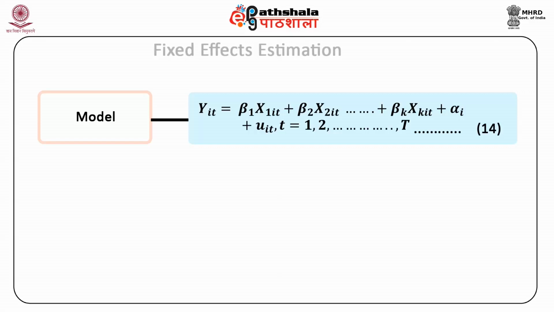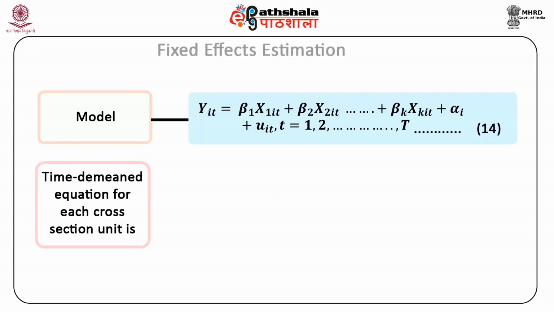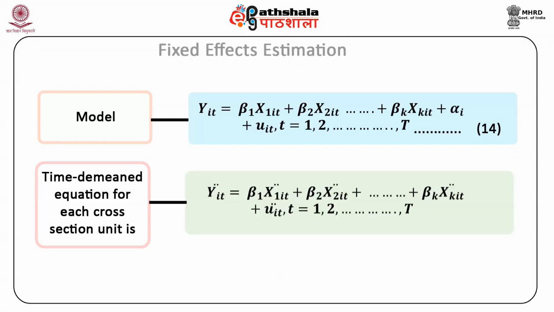Here we simply estimate the model by pooled OLS regression using time demeaned data on each explanatory variable. The time demeaned equation for each cross-section unit is y double dot it = beta_1 x double dot 1it + beta_2 x double dot 2it, and so on up to beta_k x double dot kit + u double dot it, where t takes the values from 1 to capital T. This is our equation 15.